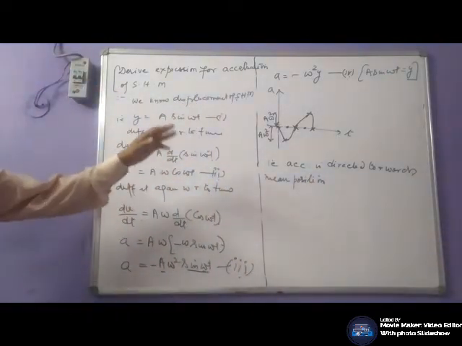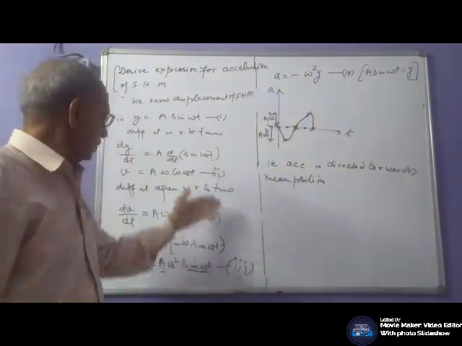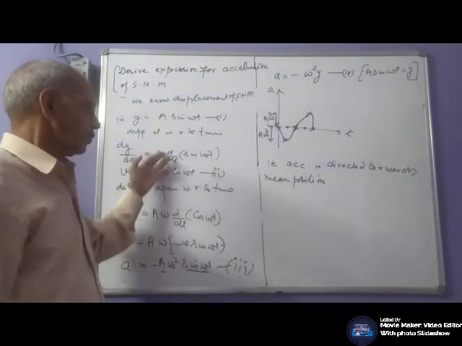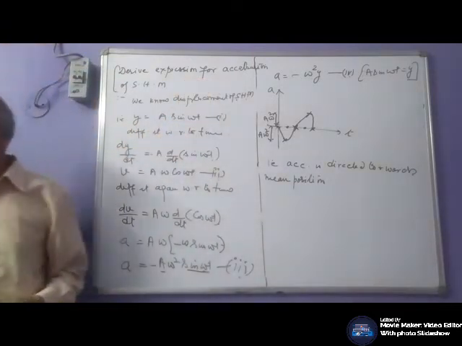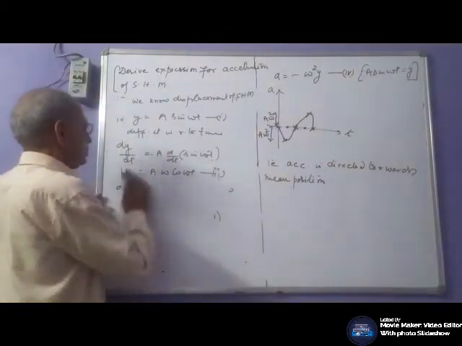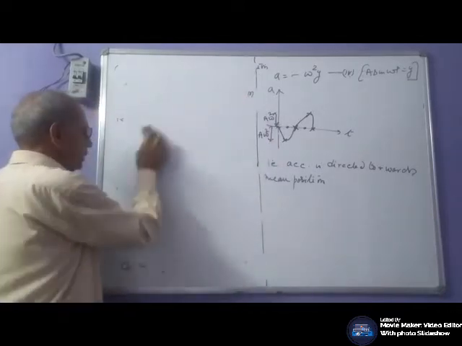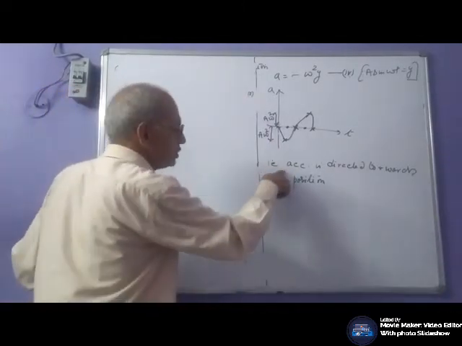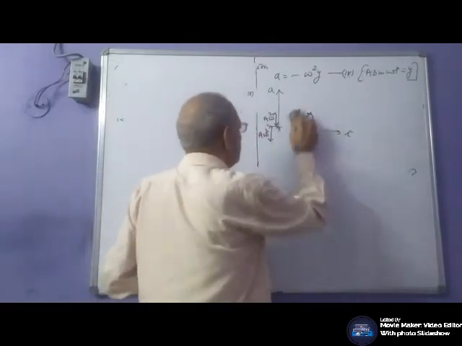So the question is, show acceleration is directed towards mean position, the same question as derive expression for acceleration. Third property is proved. This was the third property of S.H.M, acceleration directed towards mean position.